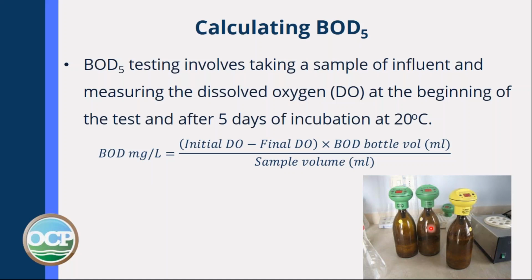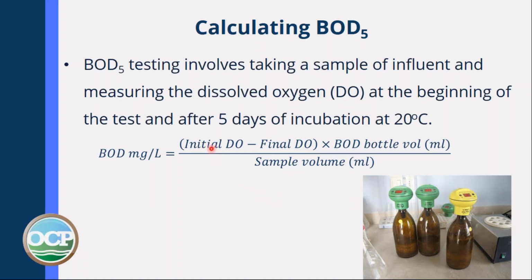The assumption is that as the bacteria break down the organic material, they are going to use oxygen. So the initial level of oxygen is going to be higher, hopefully, than the end one, and that's going to give you an estimate of the organic material present in that sample.